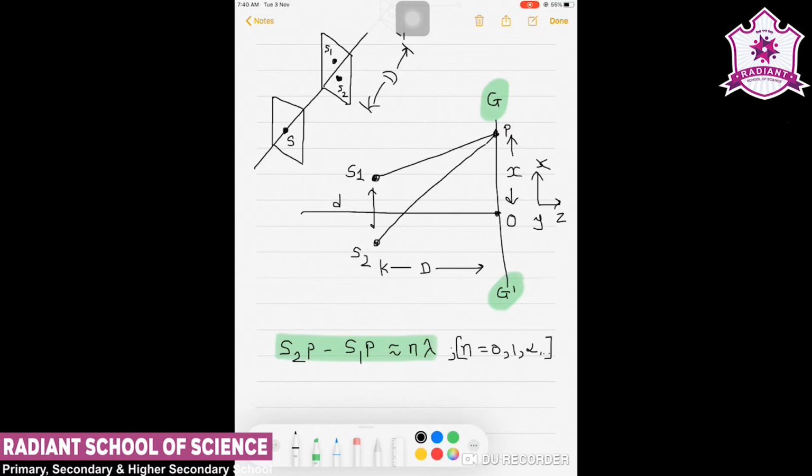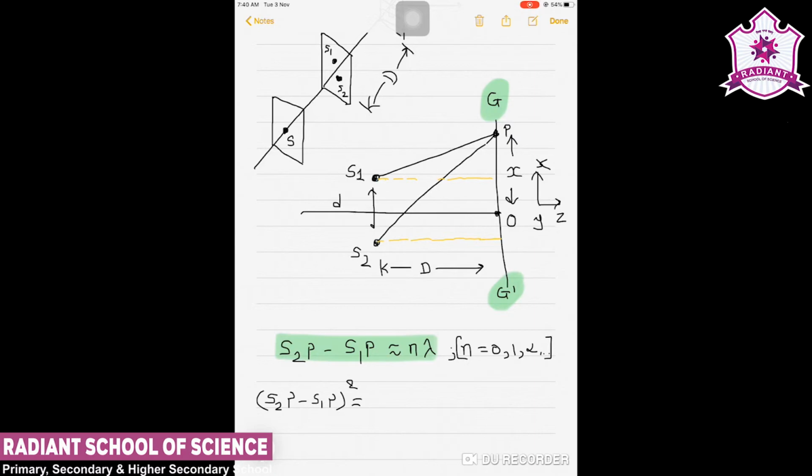If we go with the condition S2P minus S1P whole square, we can apply the Pythagoras theorem, where S1P and S2P become hypotenuses of two triangles.